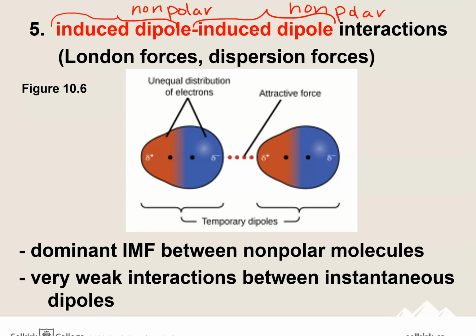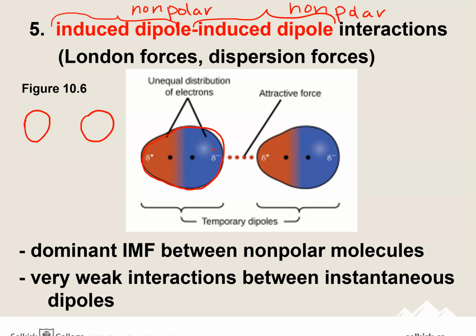Now, this is the attraction between two nonpolar molecules with uniform charge distributions. If there's no charge, how can they attract? Well, here's the rationale. What they say is that due to the random motion of electrons, temporarily the molecule becomes polar for a split second.